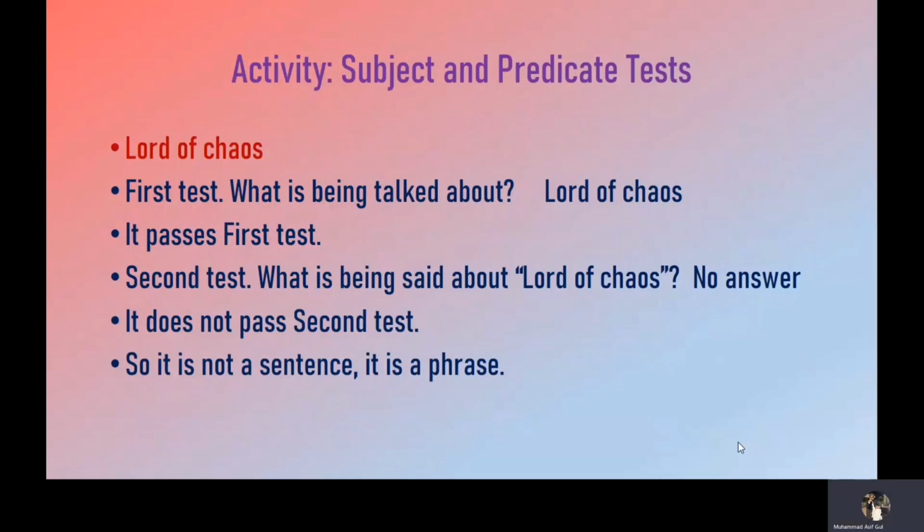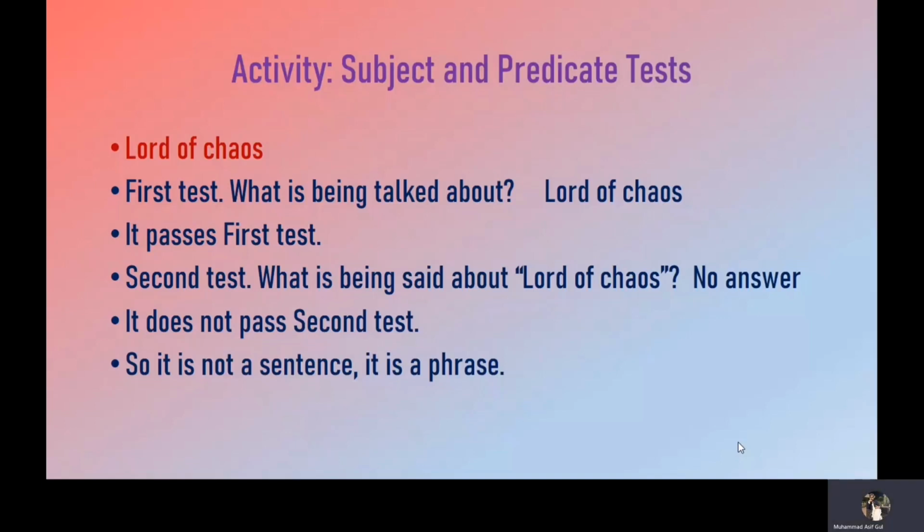So, Lord of Chaos does not pass the second test. What is the second test? The second test: what is being said about the subject? What is being said about Lord of Chaos? And we do not have any answer for this. So it does not pass this second test.